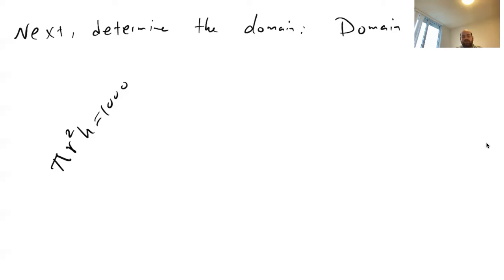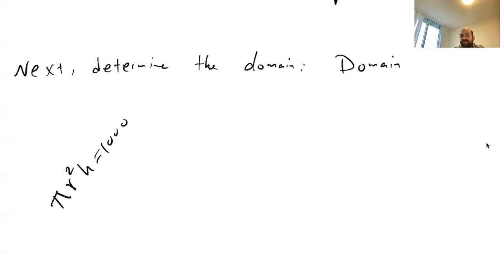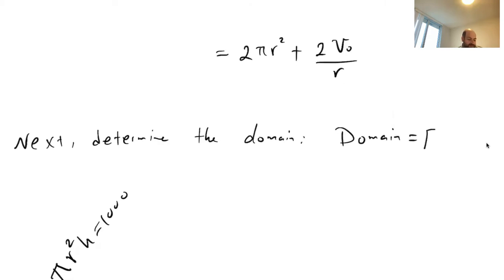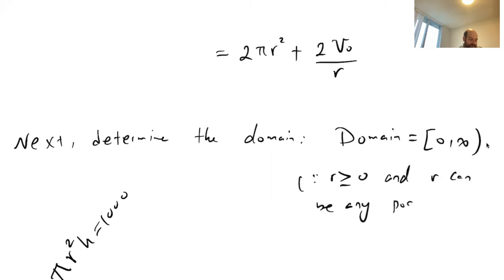Although the volume is fixed, I can choose r to be a very, very big number, as long as I choose h small enough. So r can go to infinity, and that's still okay, because pi r squared h equals 1000 is my only restriction here. So the domain is 0 to infinity, because r must be bigger than or equal to 0, and r can be any positive number.